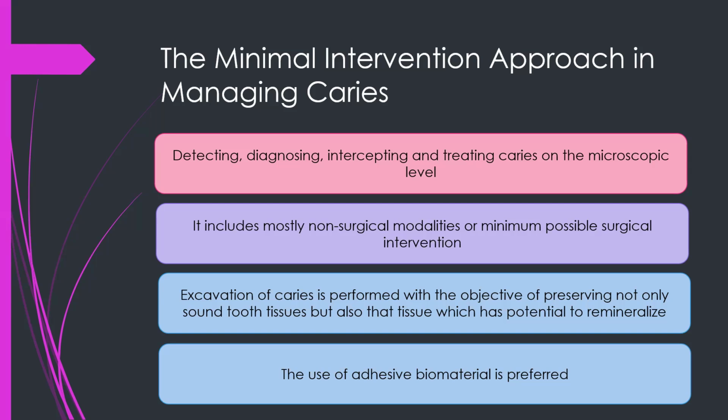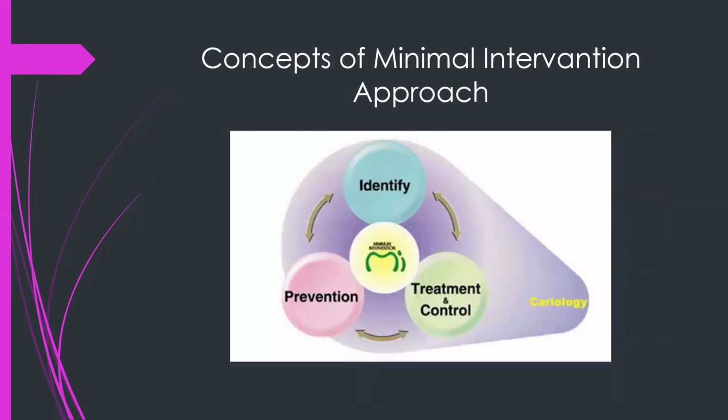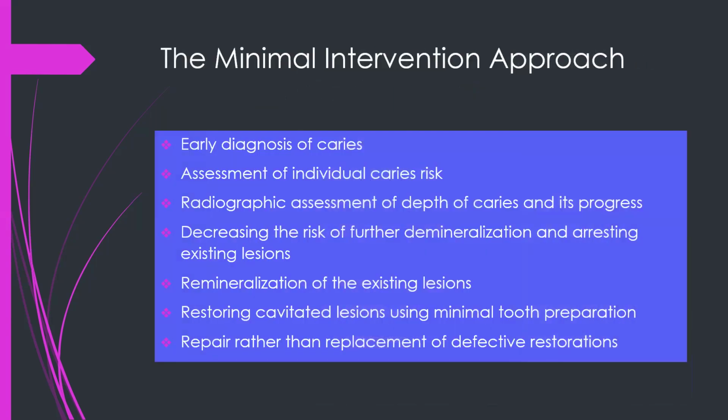The main aim is that whatever tooth structure remains should be preserved. Apart from that, any tissue which has a potential to remineralize is also preserved and not removed. The restorative materials used are the adhesive biomaterials. So first, as you can see, we identify, prevent, and treat and control further caries occurrence.